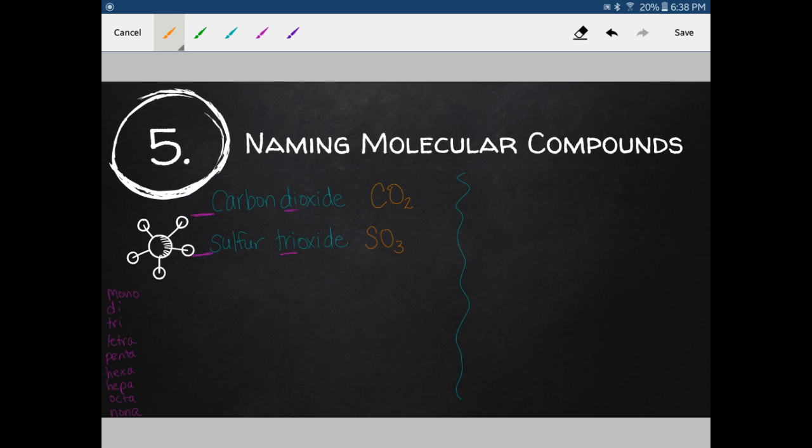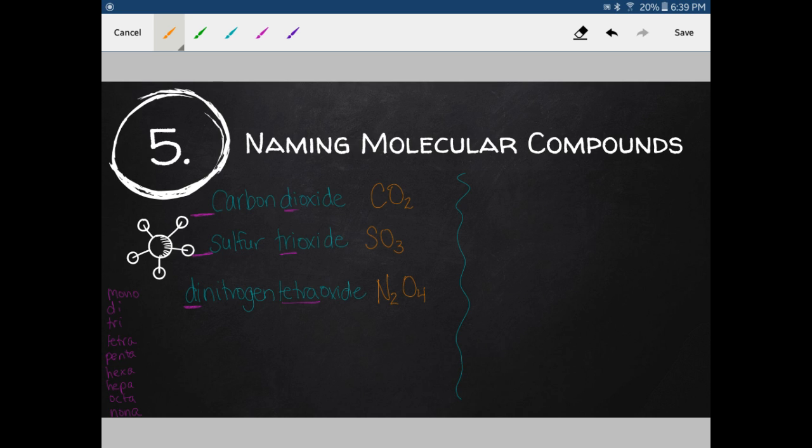Okay, so if I continue through, I can have other examples like dinitrogen tetraoxide. Okay, again, because in this case I have a prefix other than 1 on my first element, I need to indicate what that is. And then the tetra indicates for my second element, which is 4. So if I have dinitrogen, 2 nitrogens, tetraoxide, so I have N2O4.